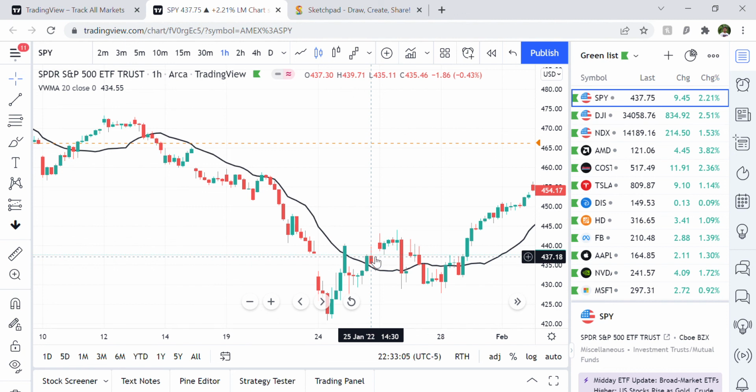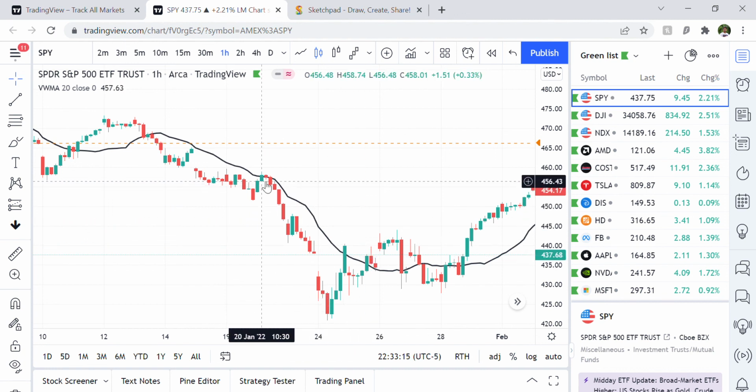Okay, in this strategy you have to basically remain out of market most of the time. You have to enter the market only when you see this. Now here, why I said 0.5%, this particular example, if you see the closing was 458.1 and the VWMA is 457.63.